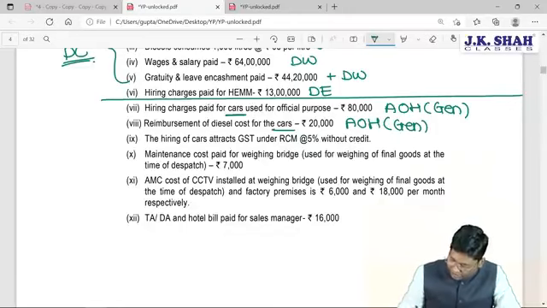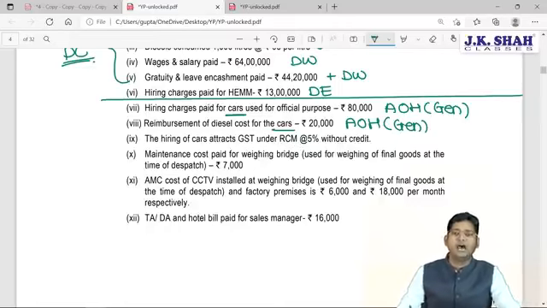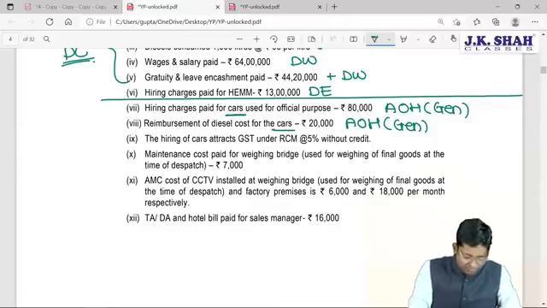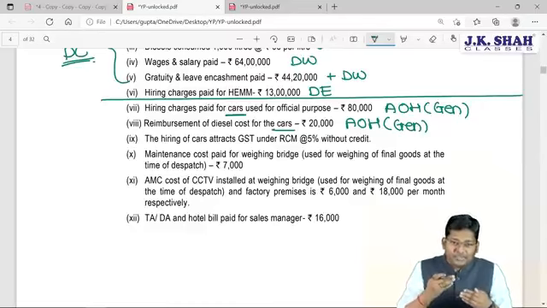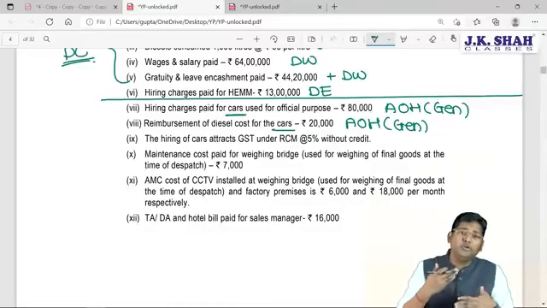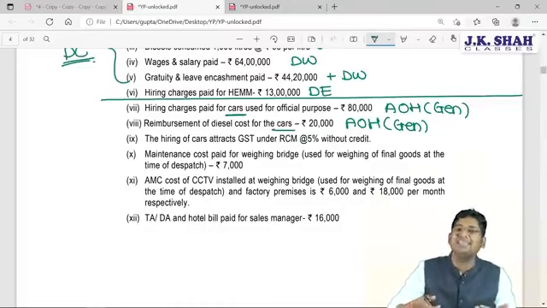The hiring charges of car attract GST under RCM. Oh sir, RCM. What is the meaning of RCM? RCM is reverse charge mechanism. Sir, what is reverse charge mechanism? Reverse charge mechanism means the case where you won't be able to claim any credit. ITC is not available here.